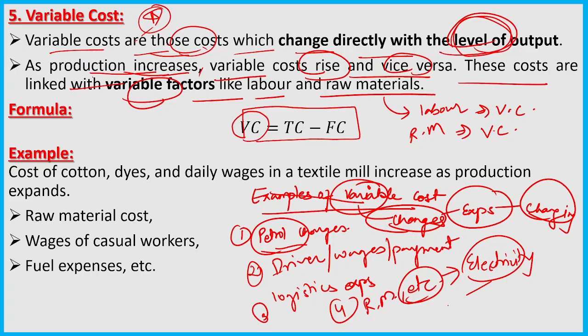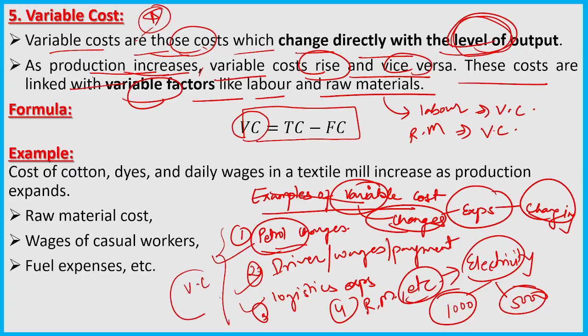Say for example, in the month of November, it was only 1000 and this time it is 5000. So this variable or changes in the expenses, logistic, petrol charges always gets on the toll, or you can say petrol charges always gets changing every single time. So that also you'll have to incur. And these are certain costs that will be borne by you, needed to be borne by you, in order to carry out the manufacturing activity.